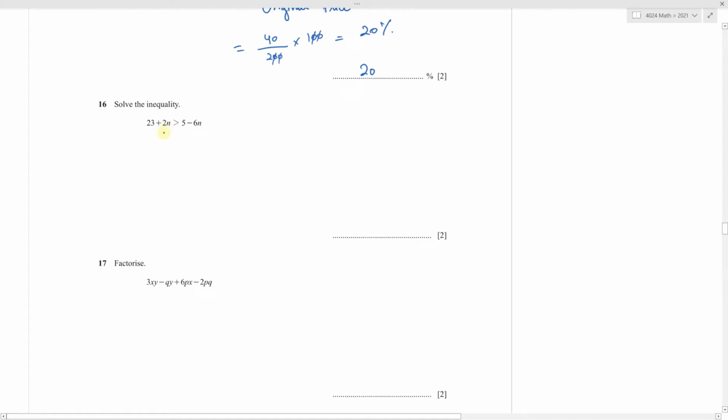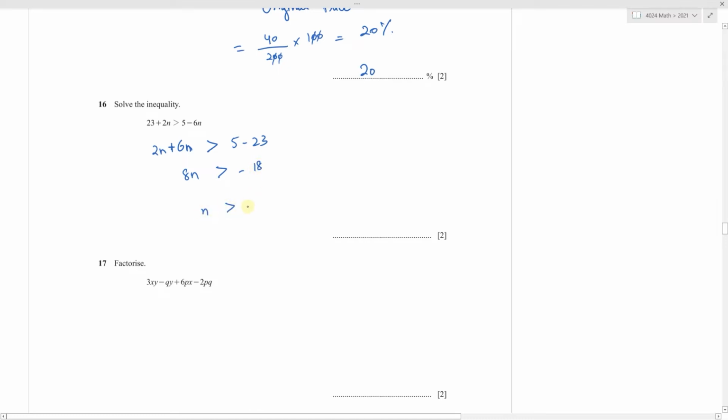So the percentage decrease is 20%. Solve the inequality. So I'll bring minus 6n to this side. On the left side, it will become plus 6n. Take this 23 to the other side. So greater than 5 minus 23. 8n is greater than 5 minus 23 will be minus 18.